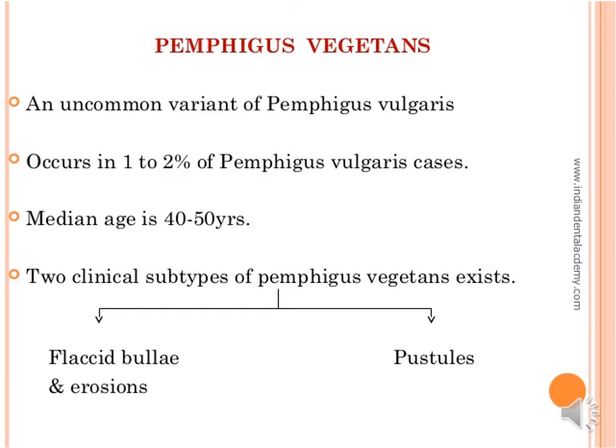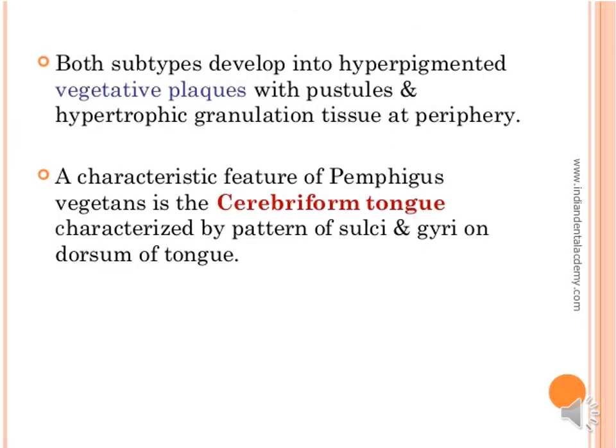There are two clinical subtypes of pemphigus vegetans: flaccid bullae and erosions, and pustules. These are the two types of pemphigus vegetans.